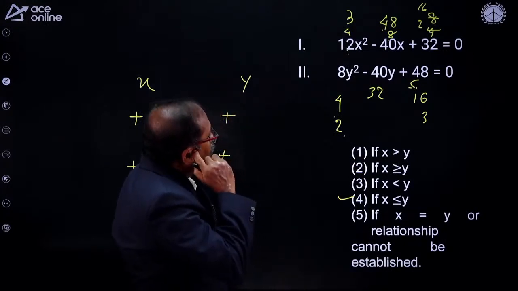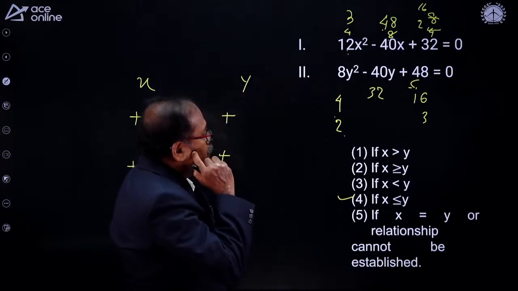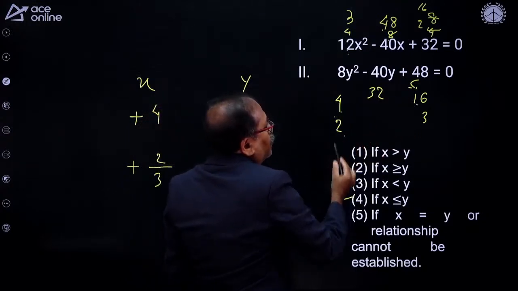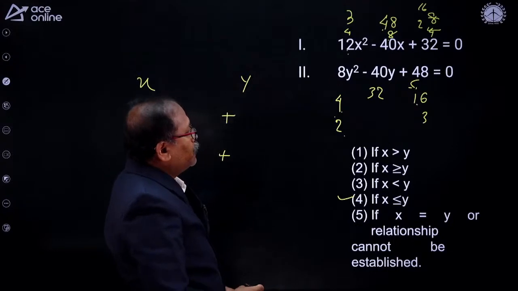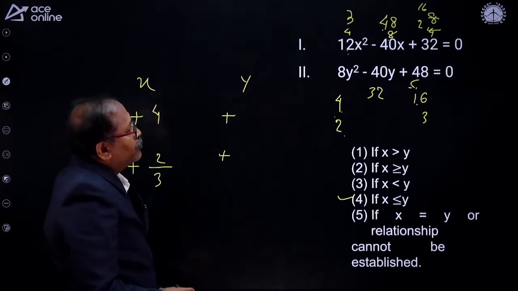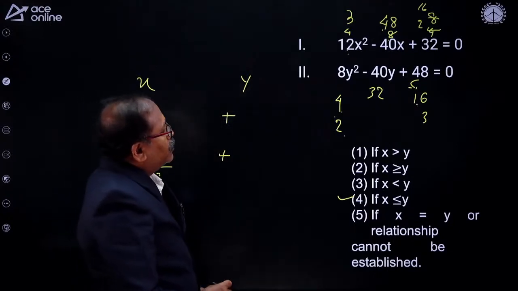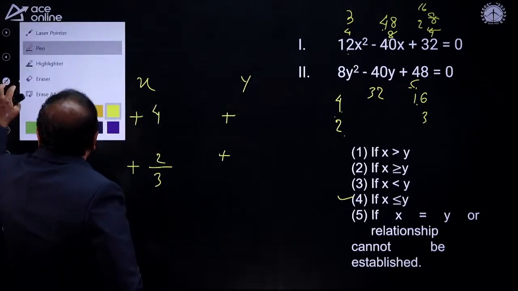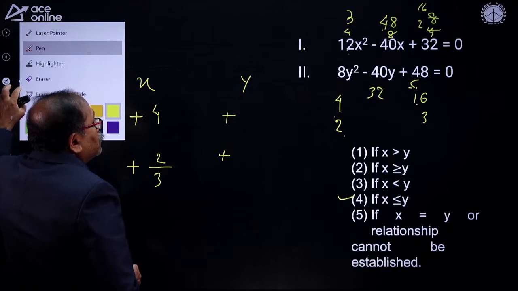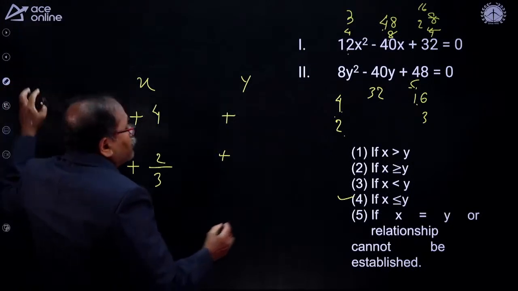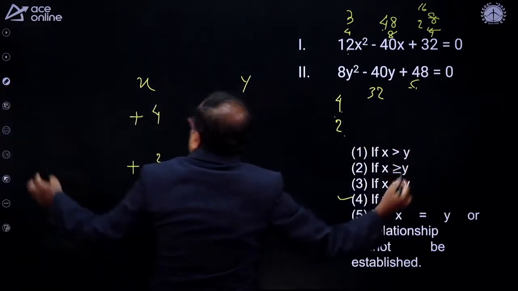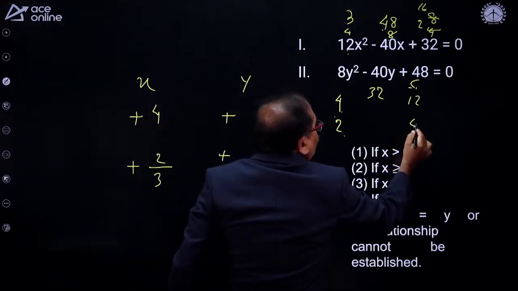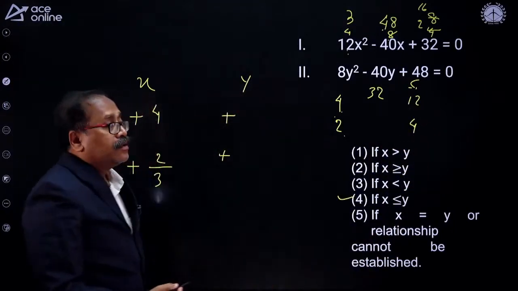And 12 and 32. No, 16 4 is 64. No. If I write this as 8 into 6, 12, 12 into 4. Suppose I write this number as 12 into 4, okay.